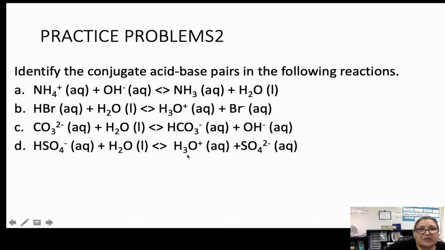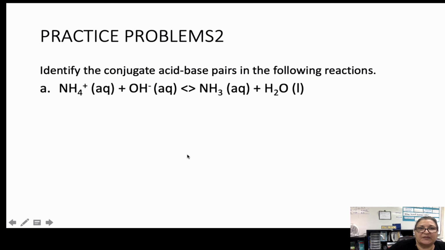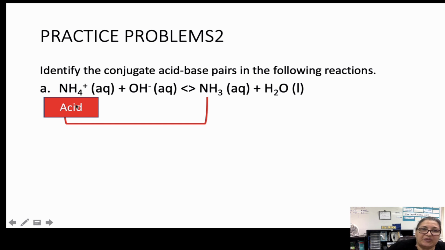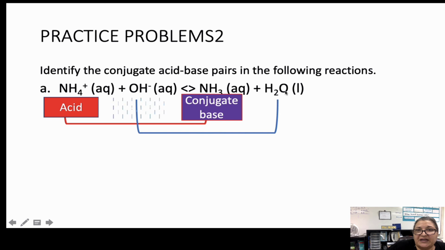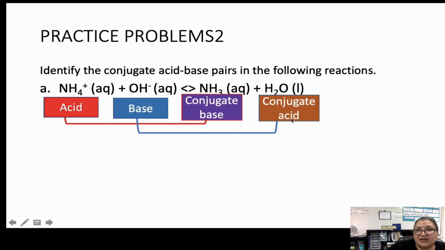Okay, let's do some examples. Here, OH minus becomes H2O, so it gained. So that means NH4 must be my acid. So acid, after it loses a hydrogen, becomes a conjugate base, and OH, after it gains, becomes a conjugate acid.